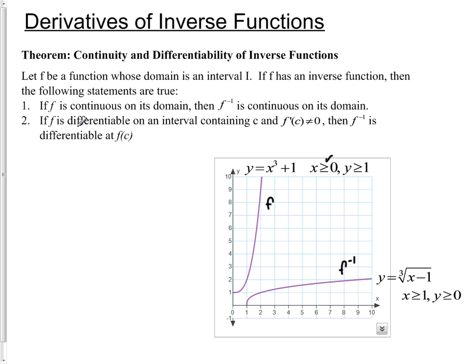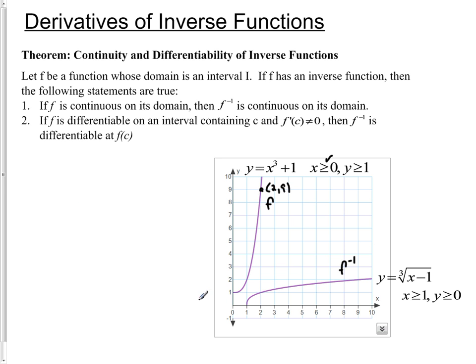Not only that, but if f is differentiable on an interval containing some value c, and f prime of c is not equal to 0, then f inverse is also differentiable at x equals f of c. And just to see that, let's pick a point like x equals 2. We know that this graph is continuous at the point 2, 9. We go through our three conditions for continuity, the limit definition of continuity, and work that out.